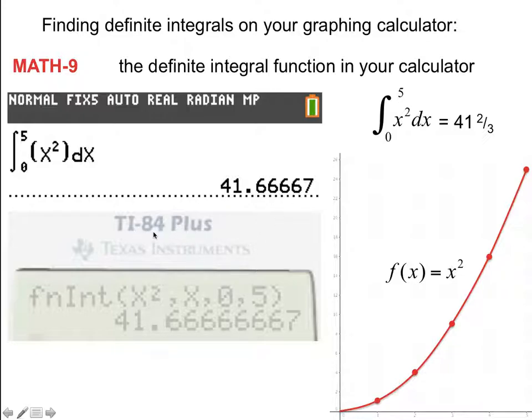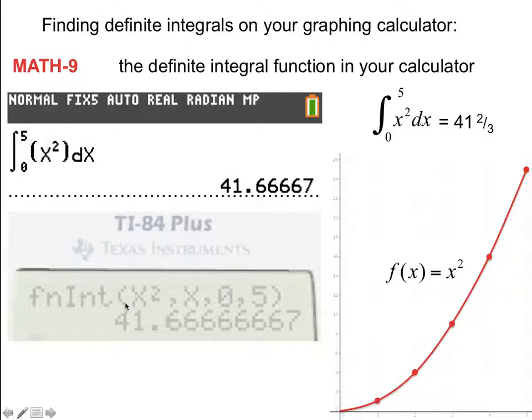If you have an older calculator, the older 84s or 83s, it's still Math 9, but you don't get this nice display. You get syntax, which is kind of computer talk, that says fnInt. fnInt basically means function integration.